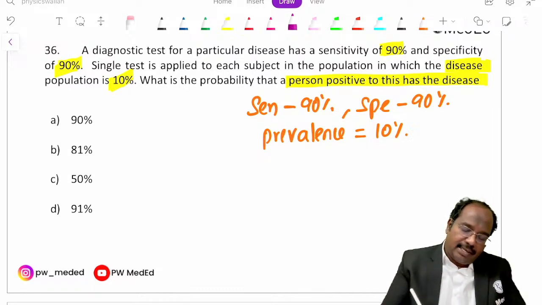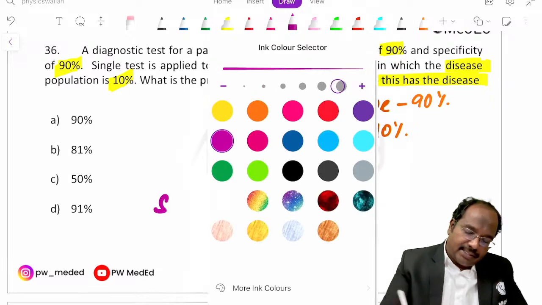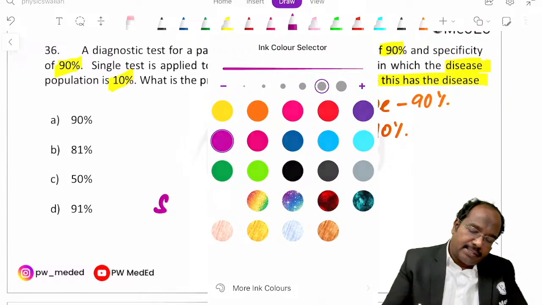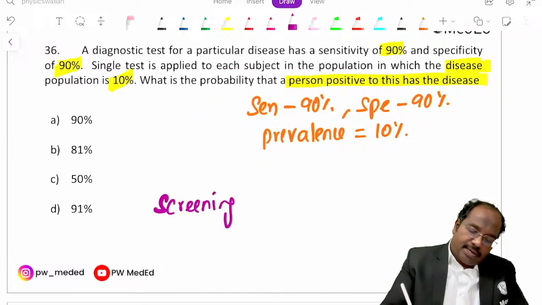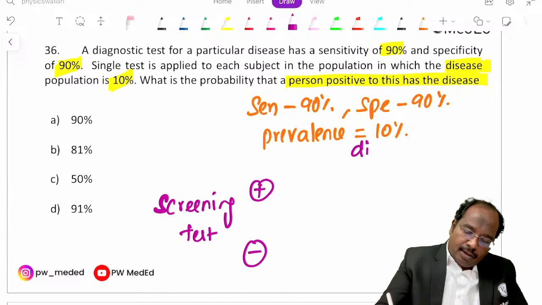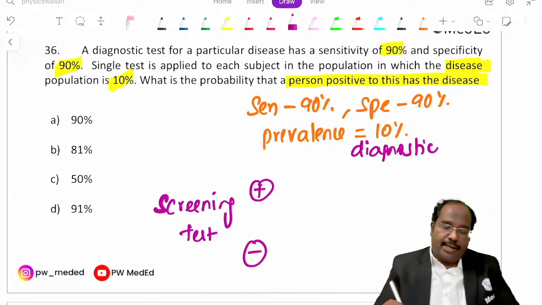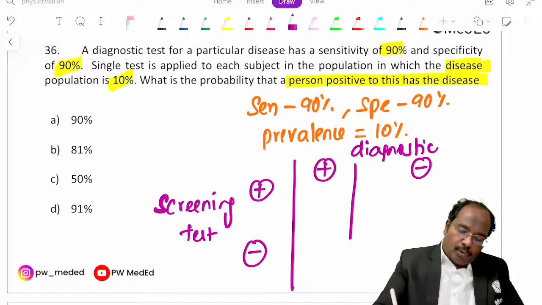The screening test we will take on the x-axis, sorry, y-axis: positive, negative. The diagnostic test, always you have to take on the y-axis: positive and negative.